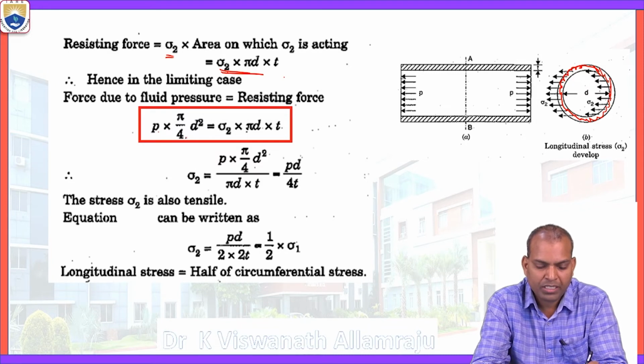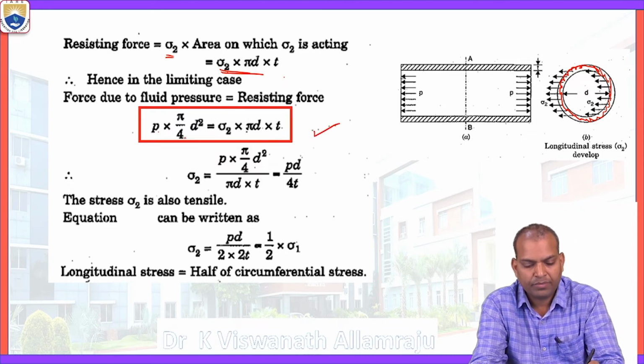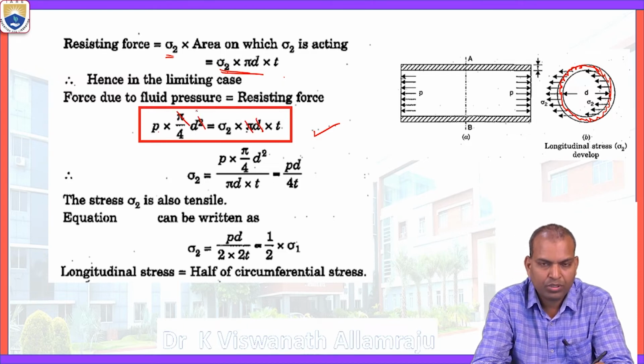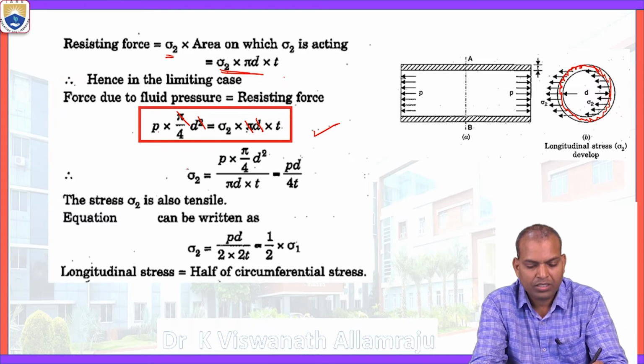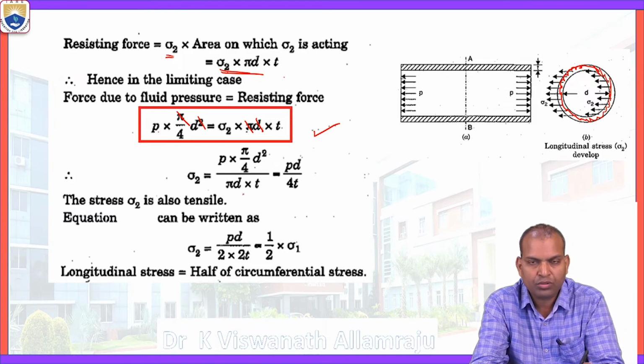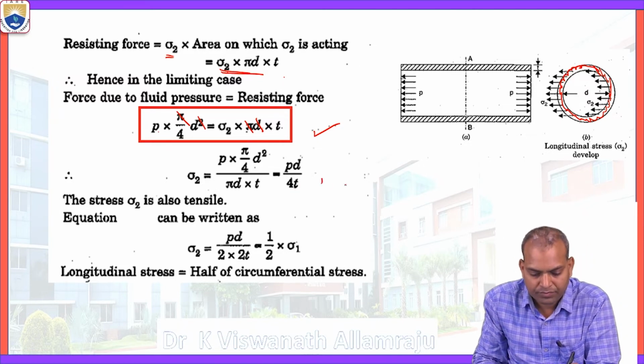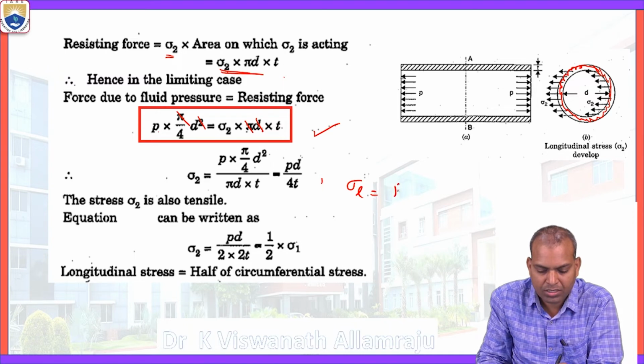Now P times pi d square by 4 equals sigma 2 times pi dt. Cancelling the d on both sides and pi on both LHS and RHS, sigma 2, the longitudinal stress, equals PD by 4T. Sigma 2 or longitudinal stress equals PD by 4T.